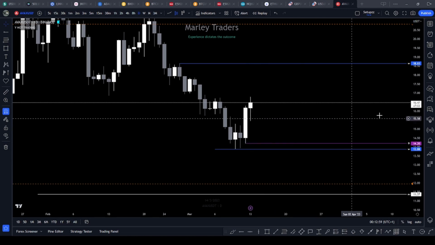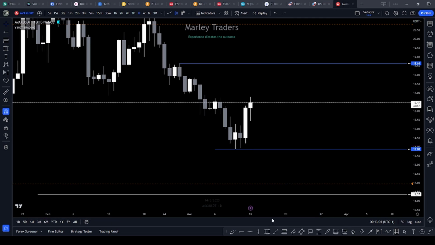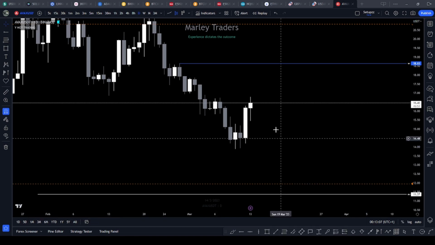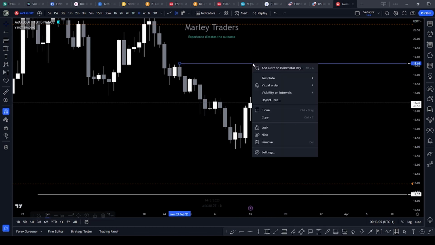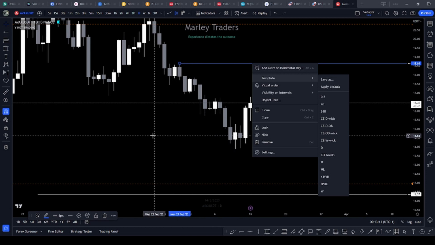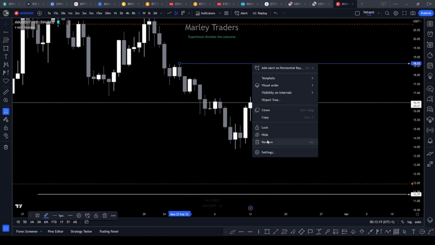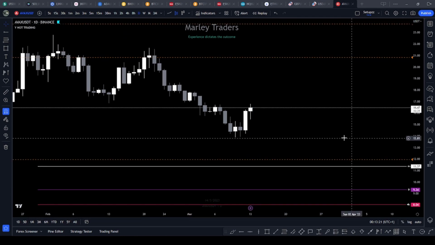So those are my weekly and my daily levels. I had a one-on-one tutorial session with one of my Discord members before on how to do this. That was like the part one. However, this is more direct and starting from the very beginning of how you customize these things, as I showed you earlier on.